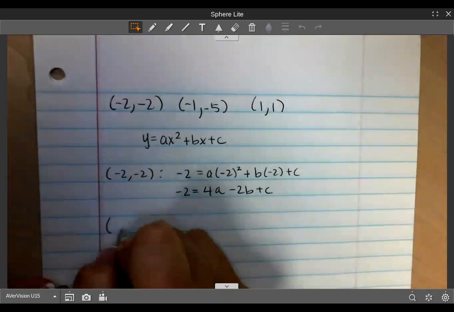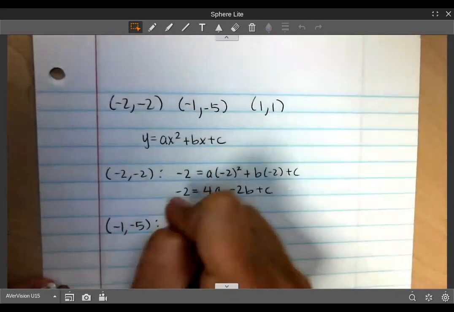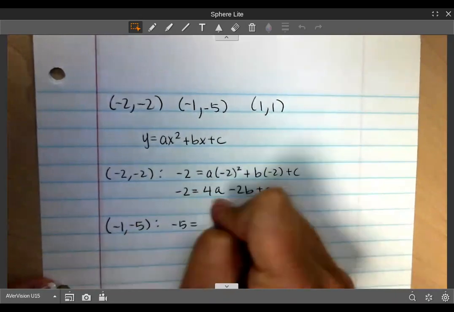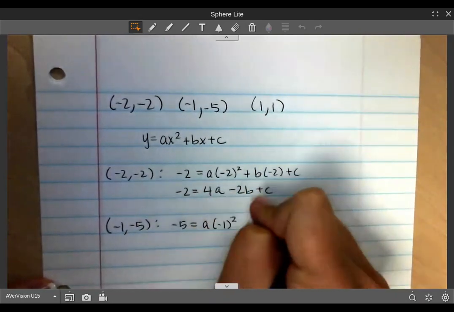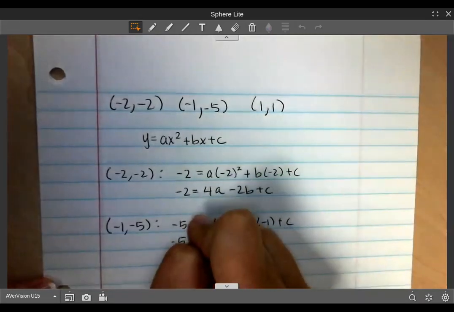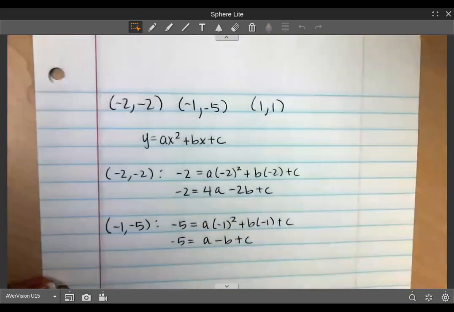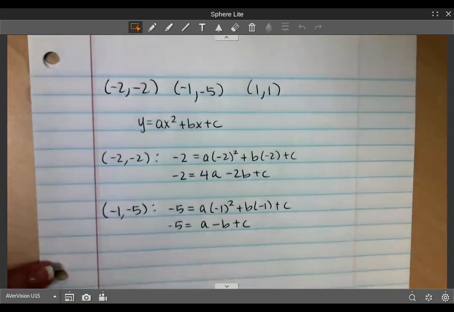I do the same thing now for my next one, -1, -5. I plug in the -5 for the y and the -1 for the x. I simplify, and there is my second equation.